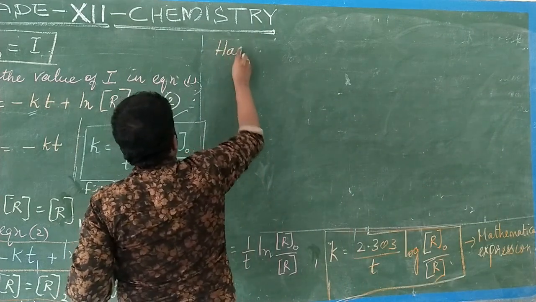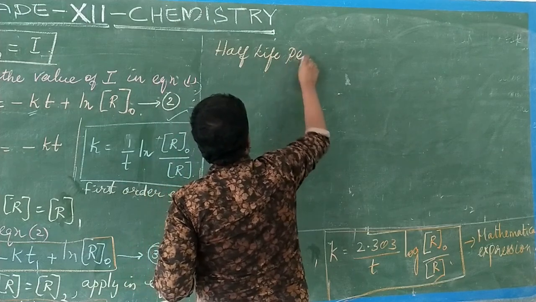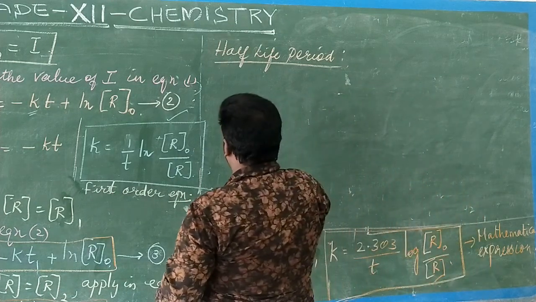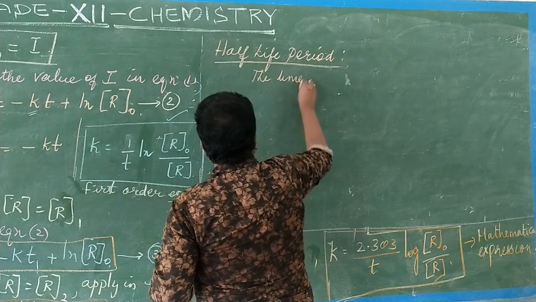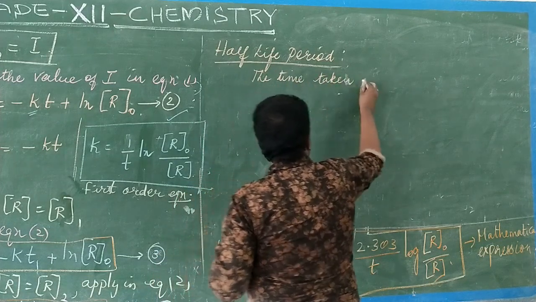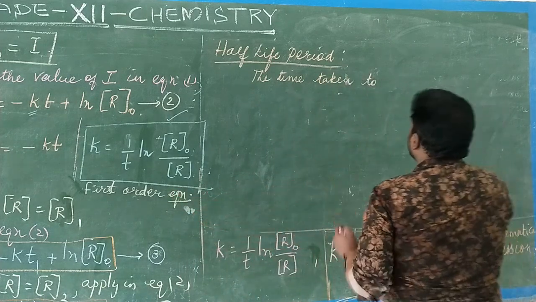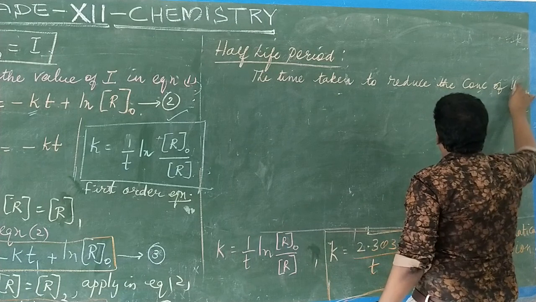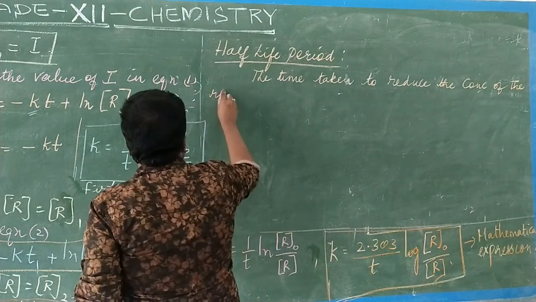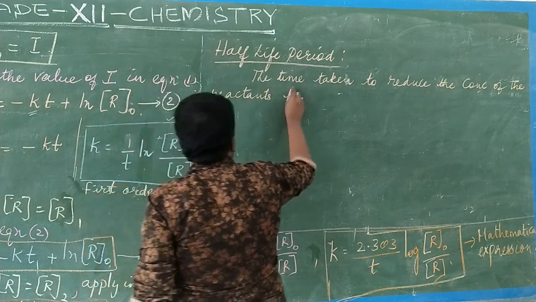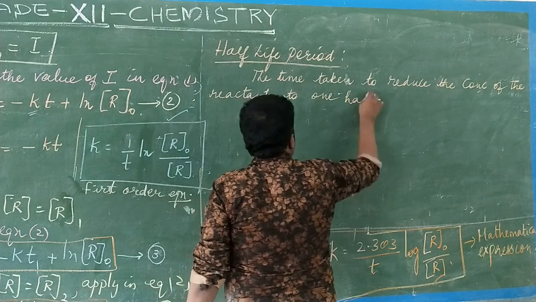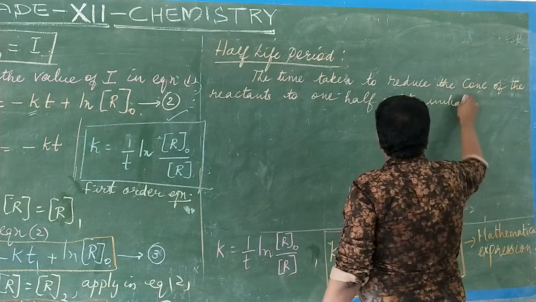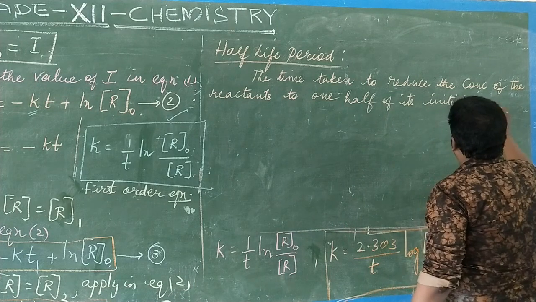Half-life period is the time taken to reduce the concentration of the reactants to one half of its initial concentration.